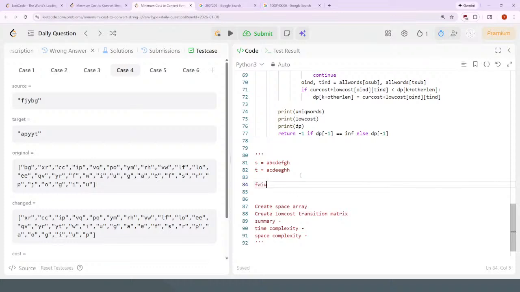F W I U G A E F S R P J O G I U. And here's W I U G A E F S R P A O G I U P. Is there duplication here? This is a little hard to read.